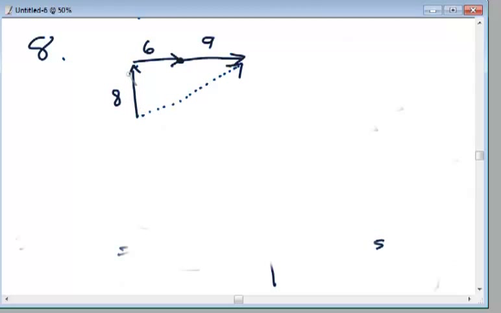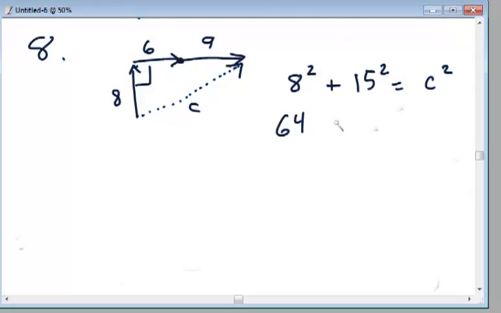So we want to know the magnitude of that. Since it's apparently a right angle, we can Pythagoras these guys. So that's 8 squared plus, well, how much do we have in the, let's see, 6 and 9, that's 15. So that's 8 squared plus 15 squared equals c squared. This is our unknown vector c.